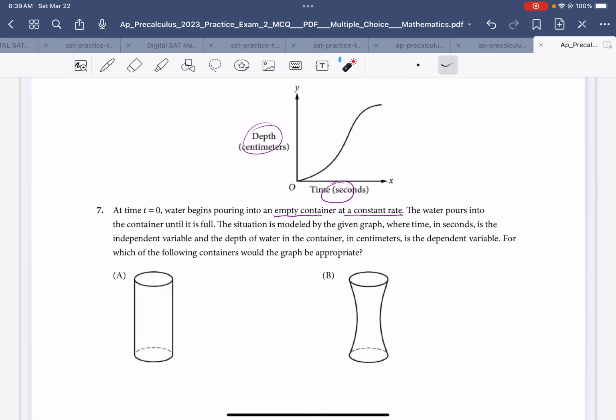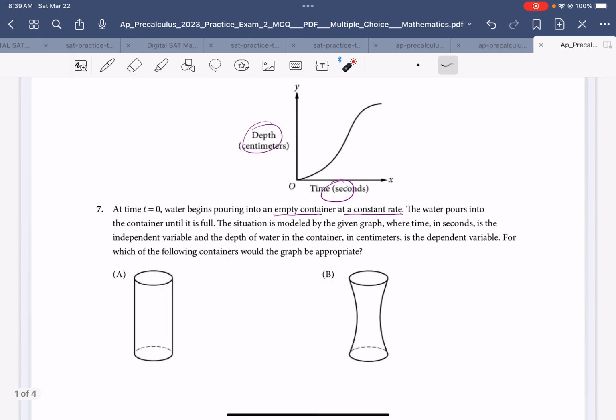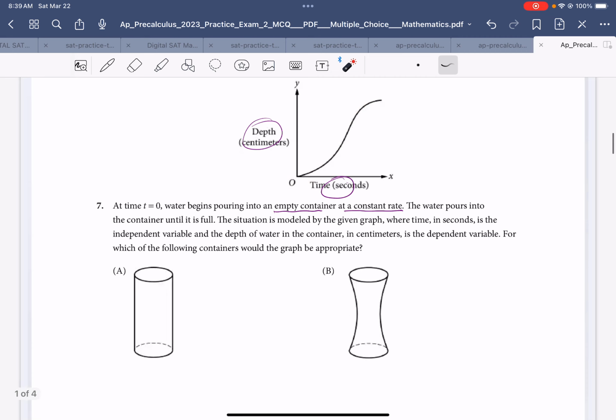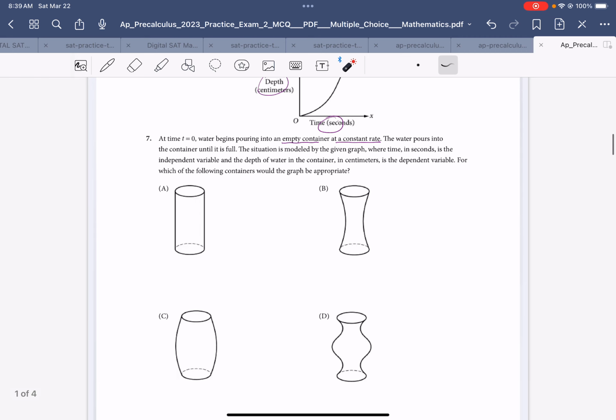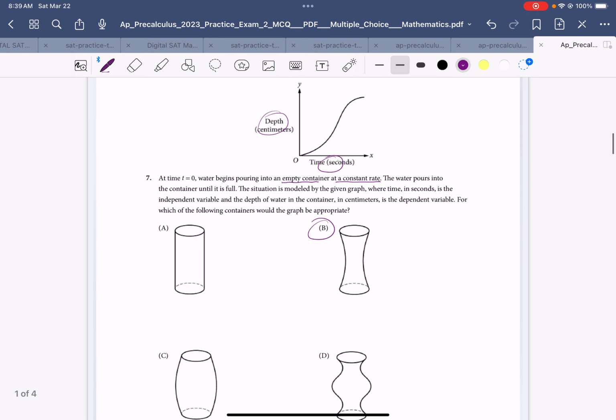Okay, so if you see the graph here, in the beginning the water is pouring at a constant rate, but the depth will keep increasing up to a certain point, and then start to decrease. So if you think about the container, the answer is most likely this one. Why?